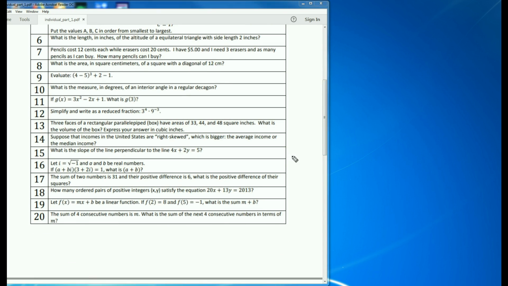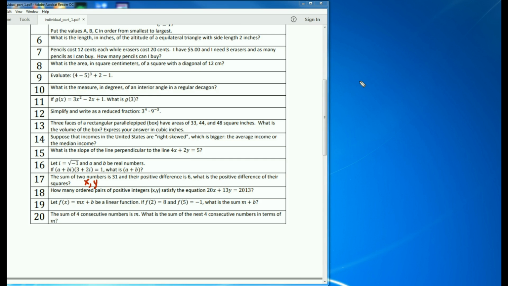Okay, number 17. The sum of two numbers is 31 and their positive difference is 6. What is the positive difference of their squares? So you've got two numbers, x and y. I'm going to come over to the side so I can write bigger.